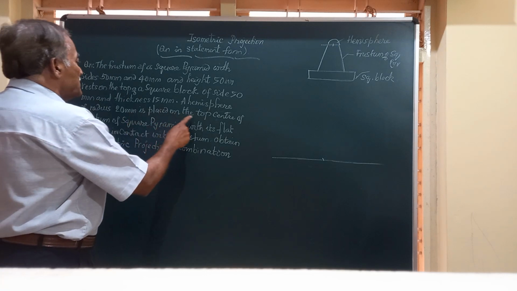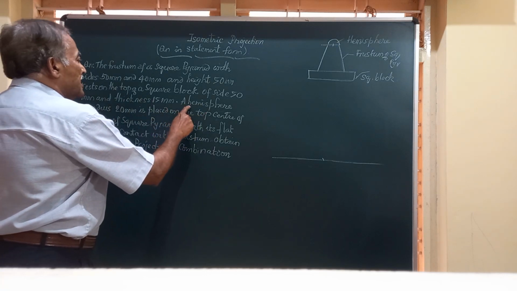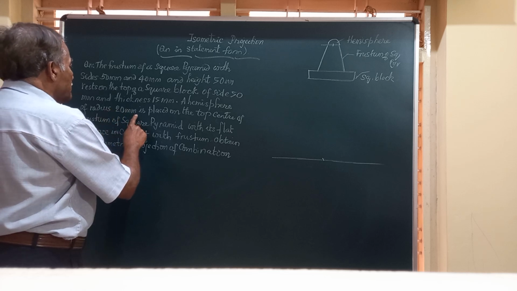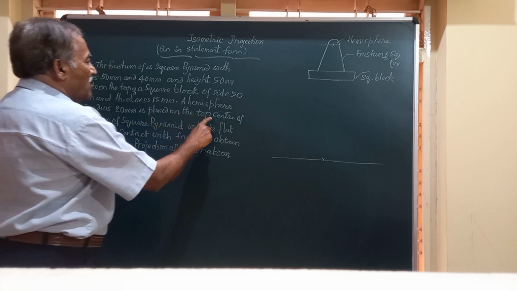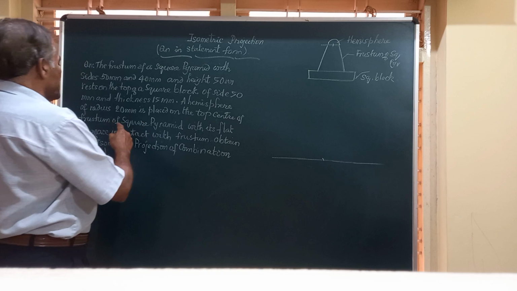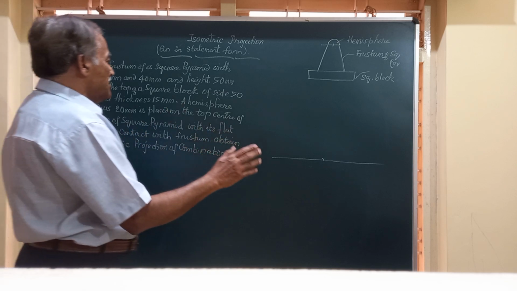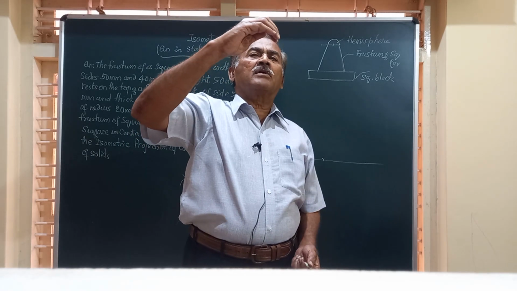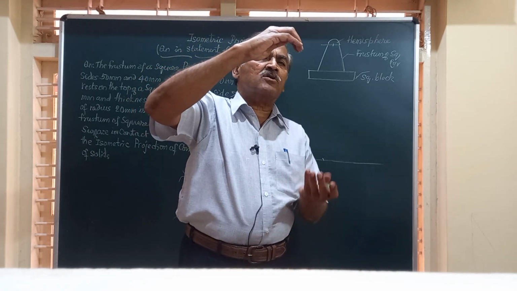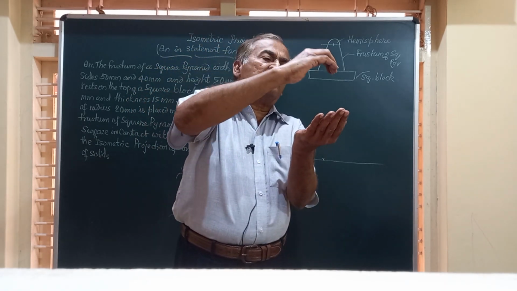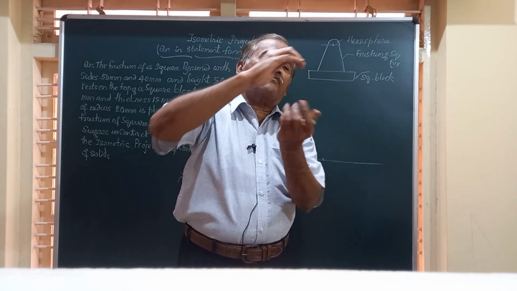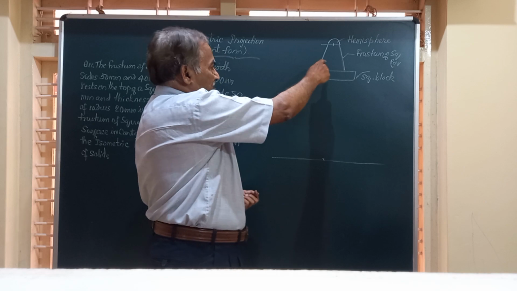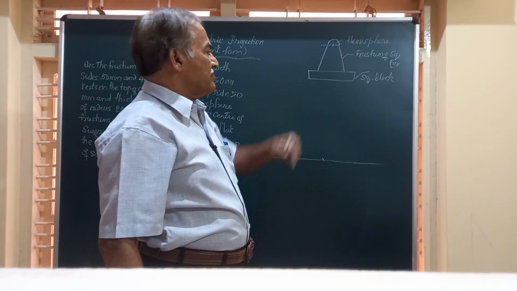And above that, a hemisphere or half sphere of radius 20 is placed on the top center of the frustum of the square pyramid, which is a flat surface. This hemisphere will be like this. It is resting on the top of the face with the flat surface in contact with that of the square frustum pyramid. Okay, frustum of the square pyramid.